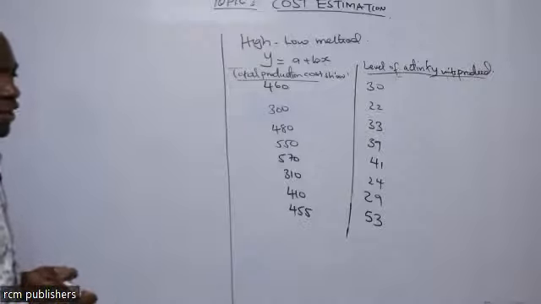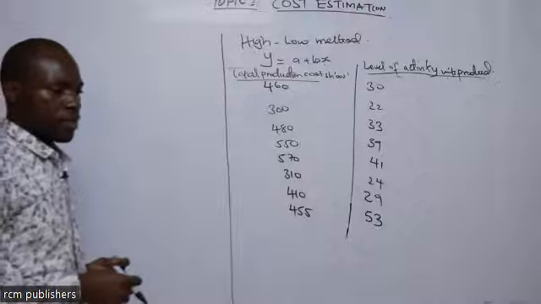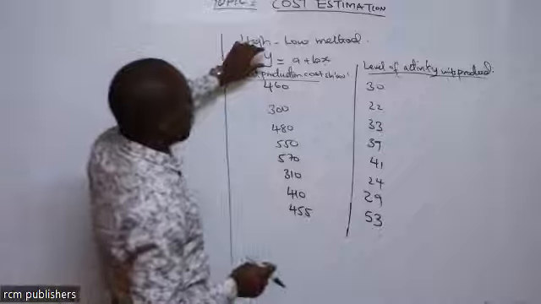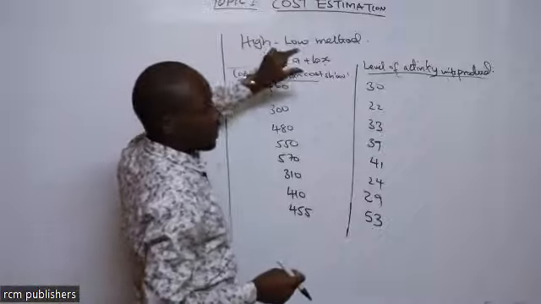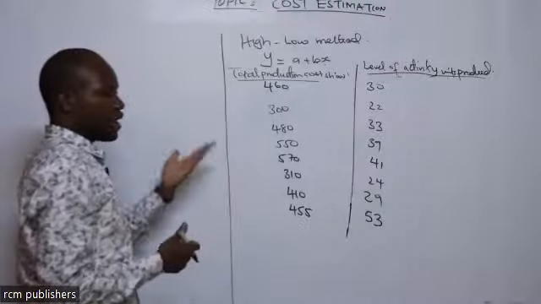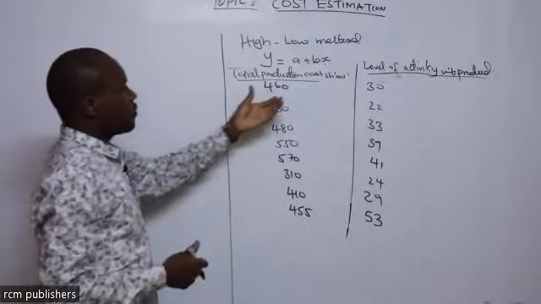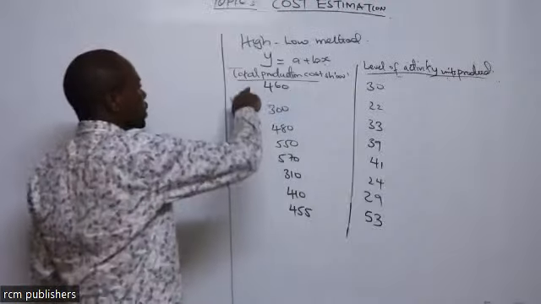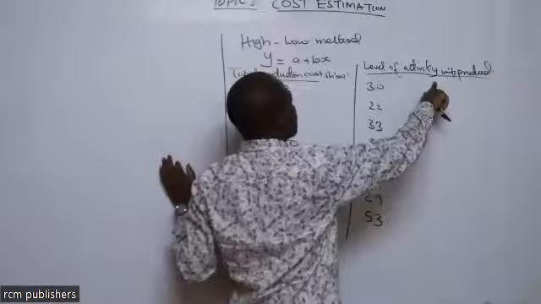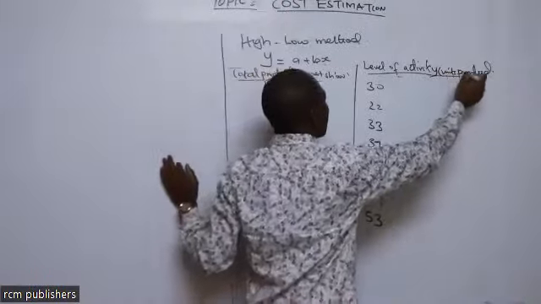Which one are we going to have as y? Remember, we said y is the dependent variable and x is the independent variable. Now, if you look at this data set, this is the total production cost and then the level of activity, in brackets units produced.